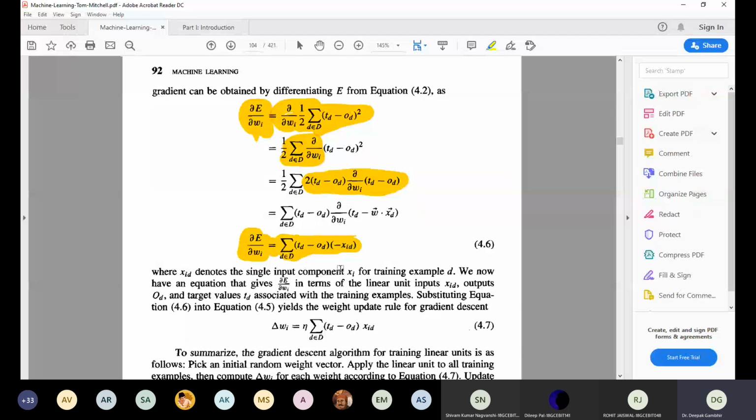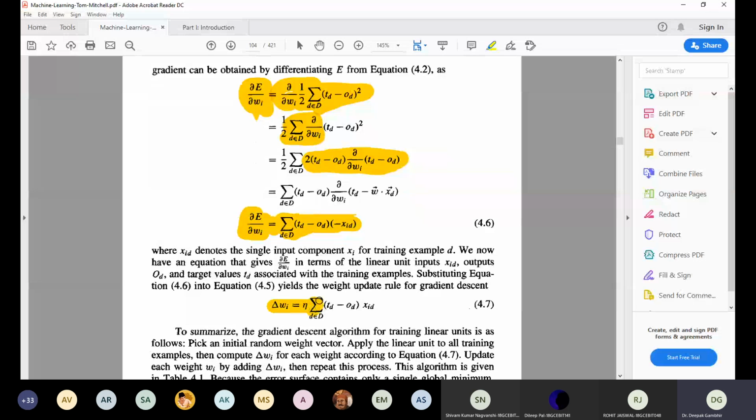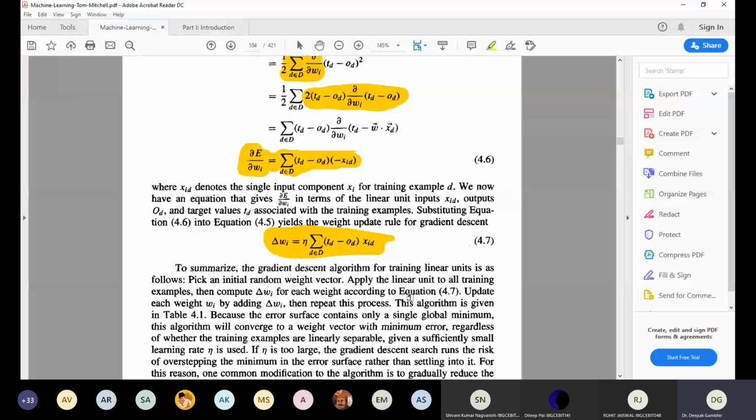That is the same case we were getting in the perceptron learning algorithm. So gradient descent and the perceptron are one and the same thing, but they are doing it in a different manner.